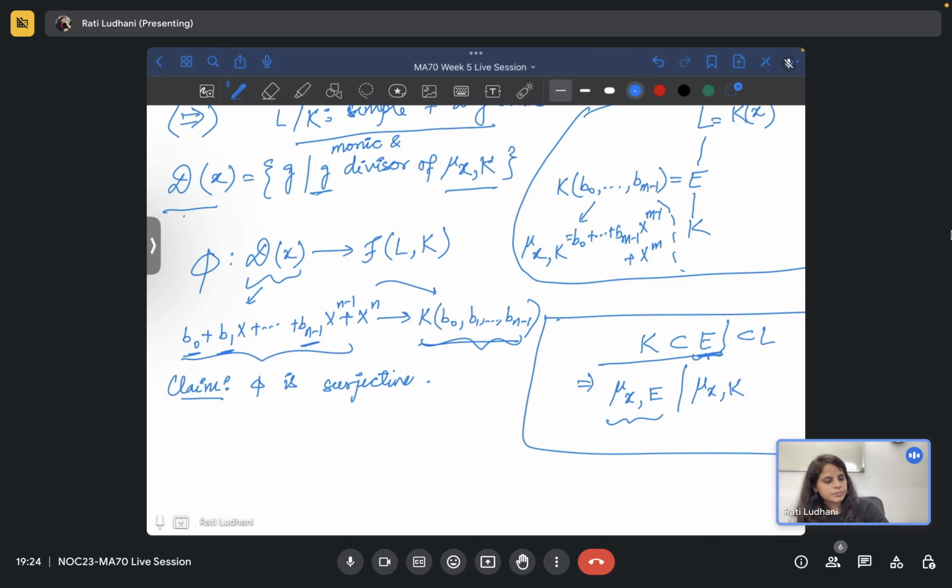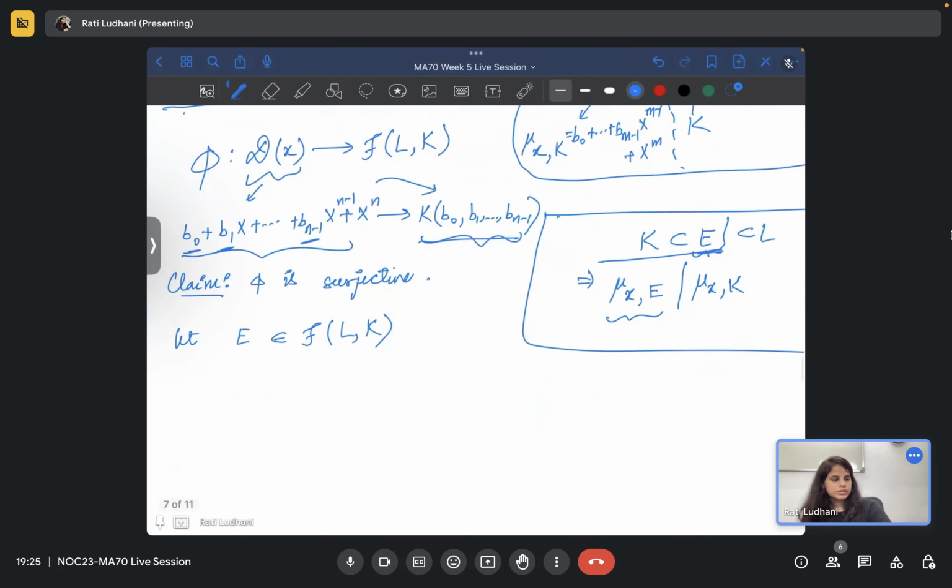So what does this mean? Surjective means you consider any subfield, then you should get a pre-image. So let E belong to this set J(L, K), which means we have this containment.